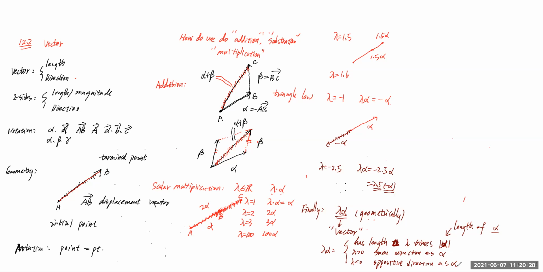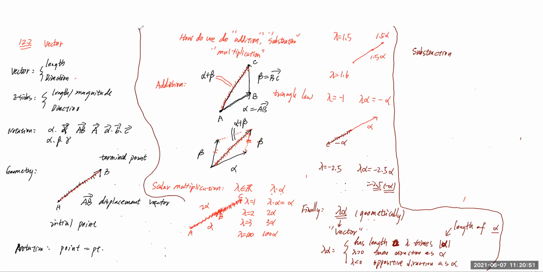So you might say, you didn't tell me how to do the subtraction. For the subtraction, if we have alpha minus beta, how do we define it?